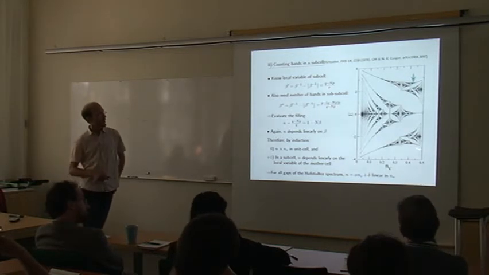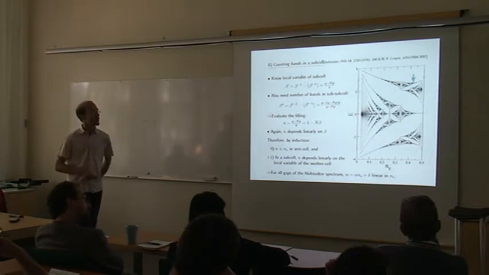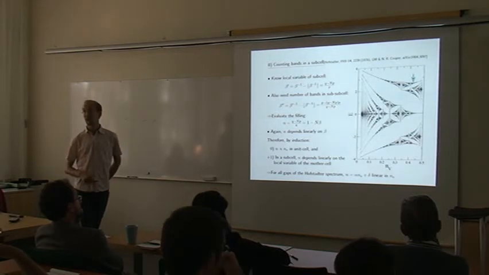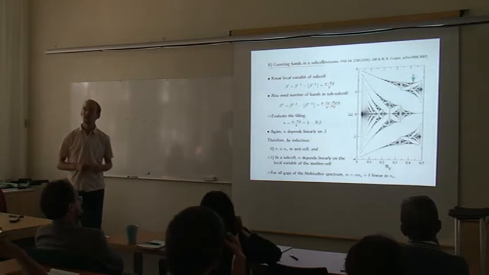Now if we look at the Hofstadter spectrum, we see that this gap here is new. Right? It wasn't there before, in the absence of the lattice. Well, but this lowest Landau level would have just been completely generic.